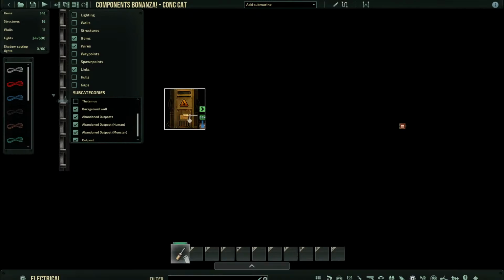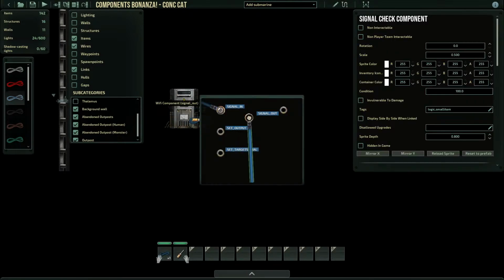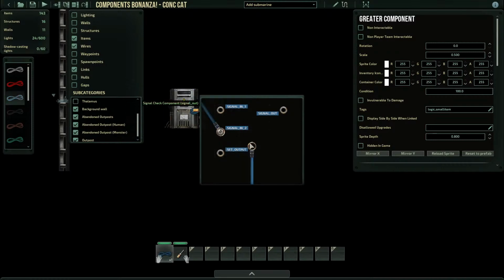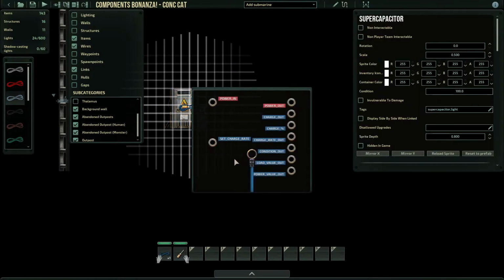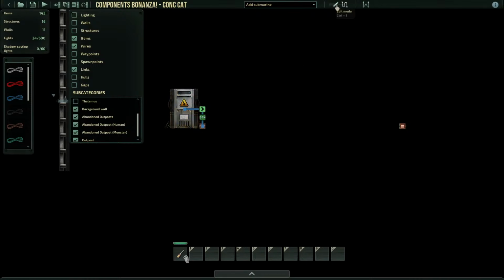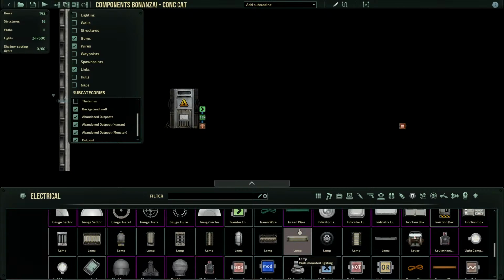Just give me these 3. Signal in, and then signal out goes as comparator. Wi-Fi 2. Signal right here is the charge percentage. No, we want set charge rate. Hang on. Charge percentage out. We'll need another memory block. That's what I'm looking for.